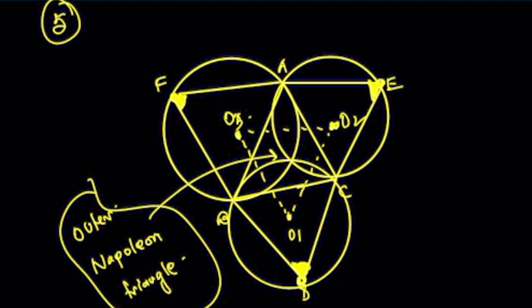the French emperor. As far as legend goes, Napoleon had some flair in mathematics, or he was interested in mathematics.